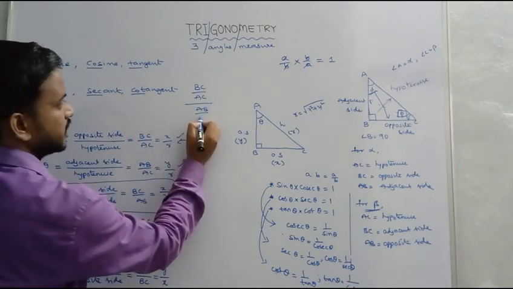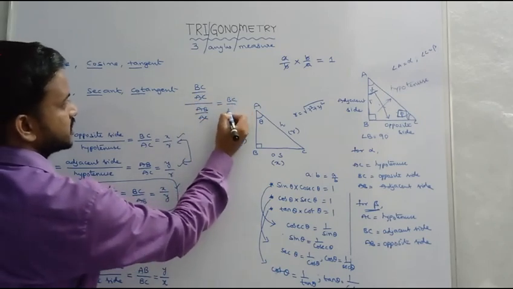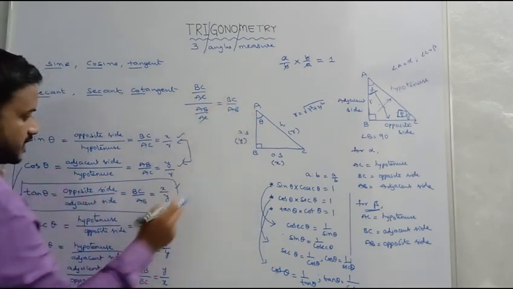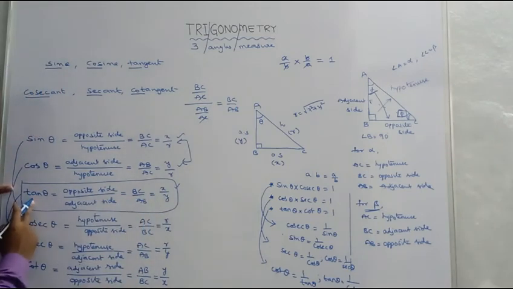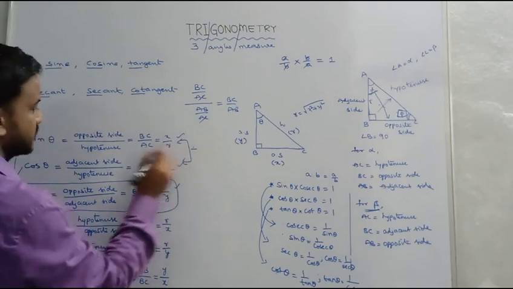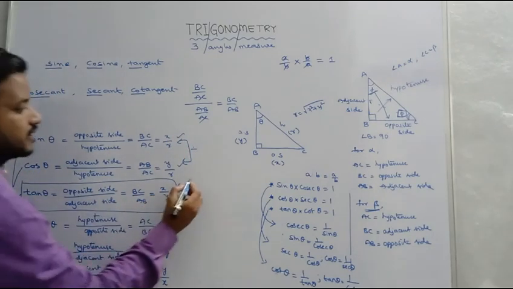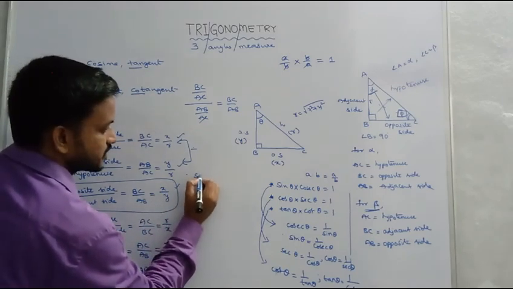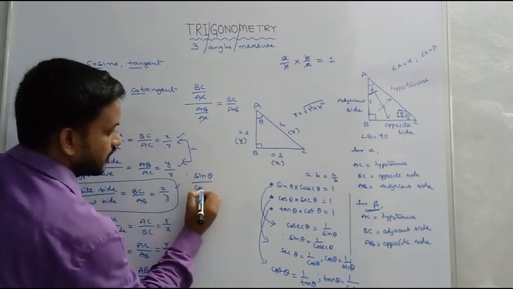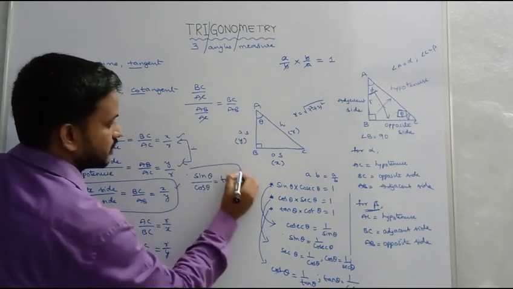AB by AC. So here AC gets cancelled. The result is BC by AB. This is nothing but tan theta. So you can derive the relation that when you divide sine by cos, the result is tan. This is one more relation, sine theta by cos theta is equals to tan theta. This you have to remember.